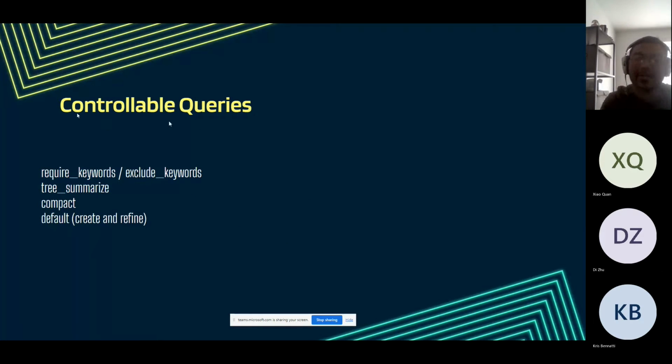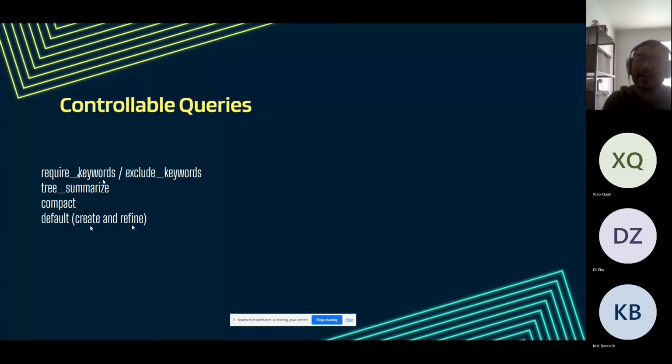So as I said, the queries are parameterizable. So you can say during the query, if a particular node has this particular keyword, then exclude it. Or only include nodes that have this particular keyword. You can have a compact form where it tries to fit as many nodes as possible in a single context window.